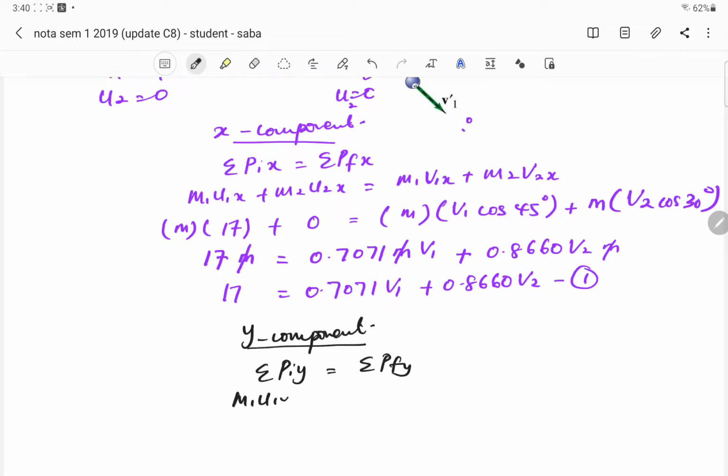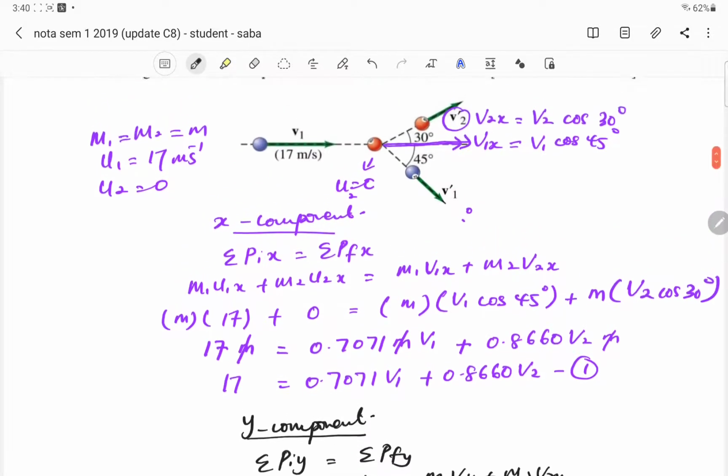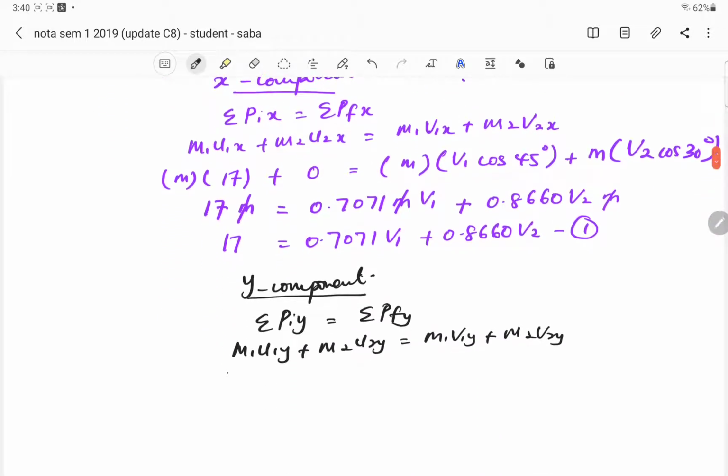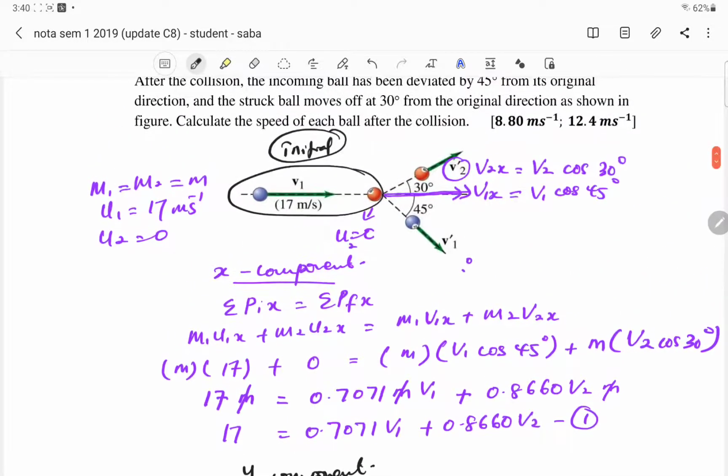So m1 u1y plus m2 u2y equal to m1 v1y plus m2 v2y. Here we see that initially we have no vector in the y component, so 0. Then m v1y, v1y is here, so negative v1 sin 45 degree.